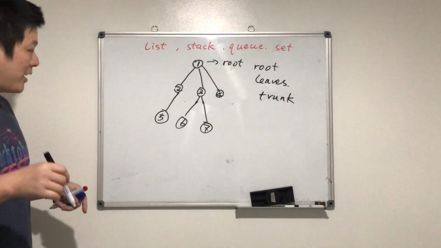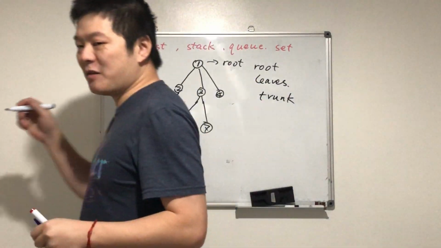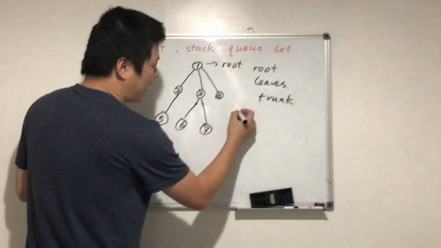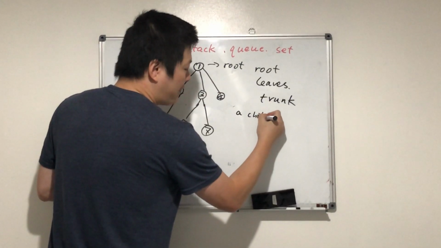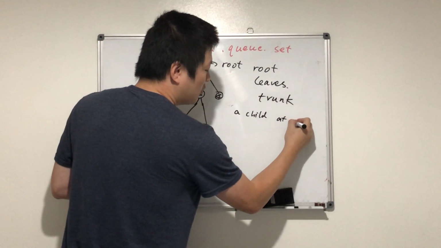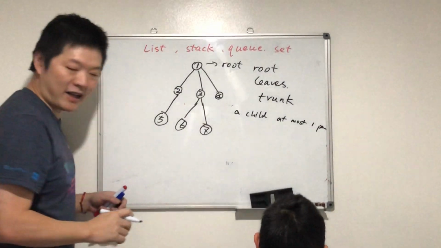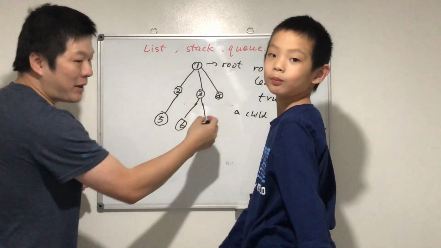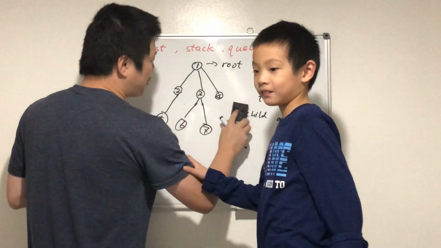So one property of a tree is that a child can have at most one parent, and a parent can have many children. Okay, so this is called a tree.